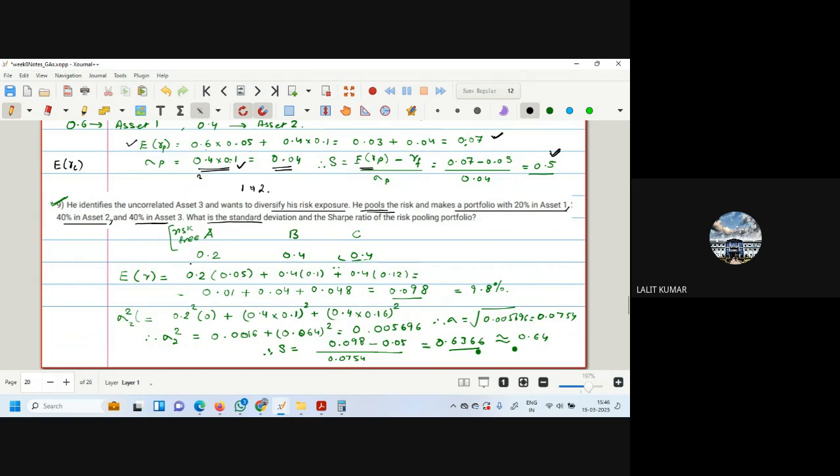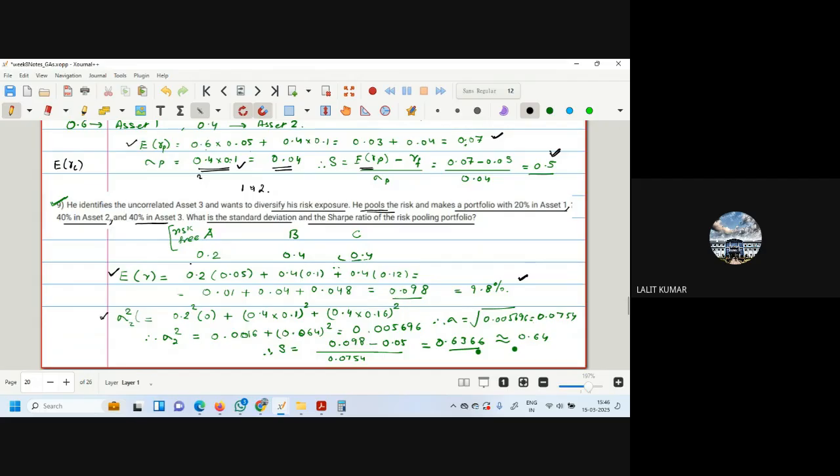Now, what is the standard deviation and the Sharpe ratio of the risk pooling portfolio? So in this, first we find the total expected return. We can find it because weights are given. So we get, for example, 9.8%.